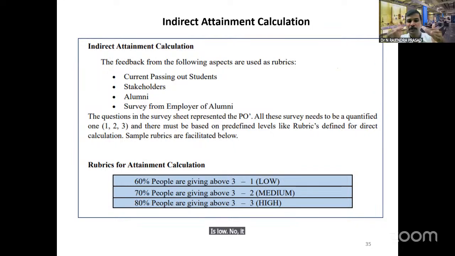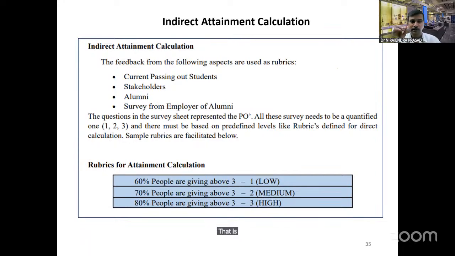No, it is not 60%. From the analysis, you have got that 70% of the people have given response 3. You make it the rubric 2, that is the level of achievement is 2, medium. Similarly, if 80% people have given 3, make it as high. That is 3.